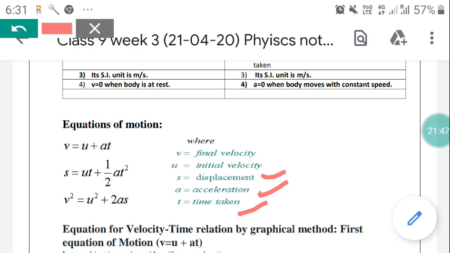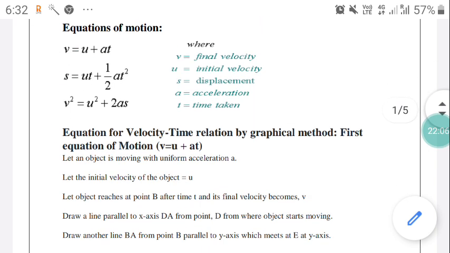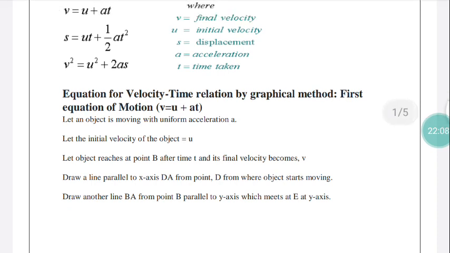These equations have been derived by scientists. We will not discuss their derivation here, but we will derive these three equations by the graphical method. So we will discuss first how to calculate this equation by the graphical method. See here, equation for velocity-time relation by the graphical method means we will draw a graph.